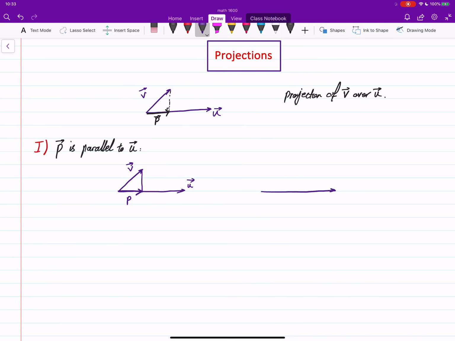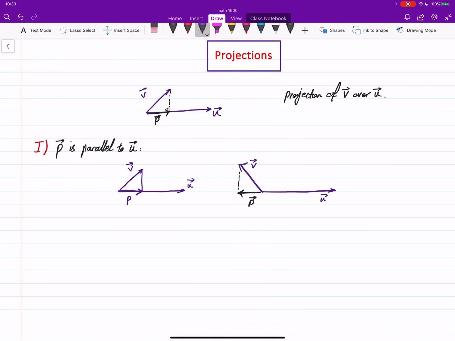There is another case in which the angle between v and u is not an acute angle. In that case, when you're trying to find the perpendicular shadow, it won't sit in the same direction as u. It will be in the opposite direction of u. So let me put the names over there.